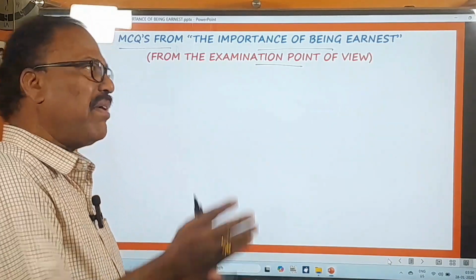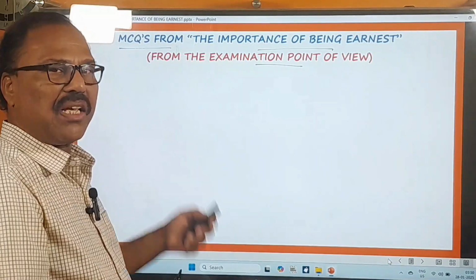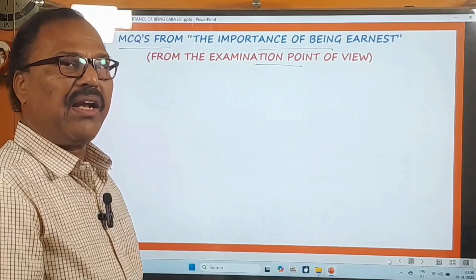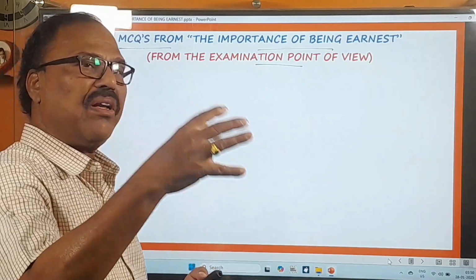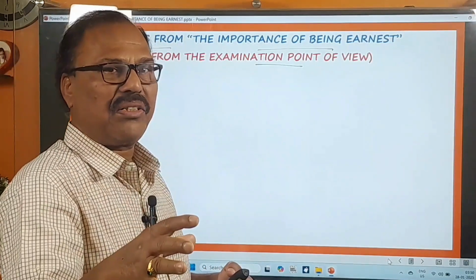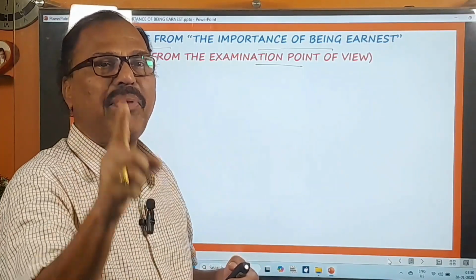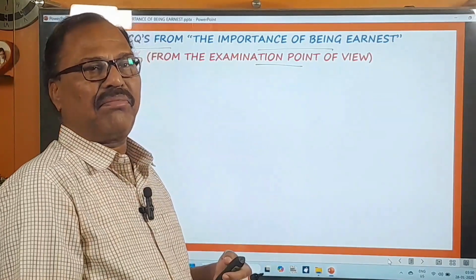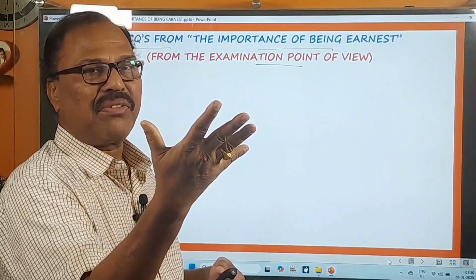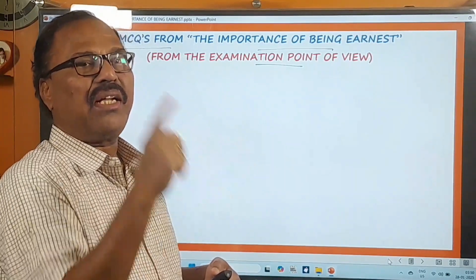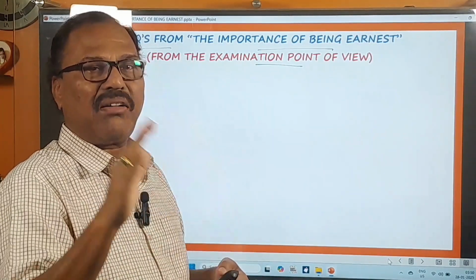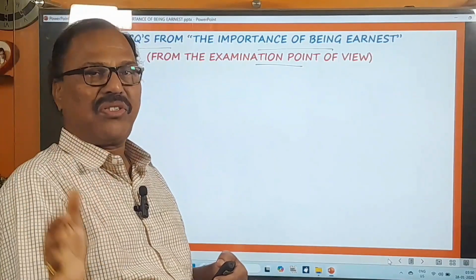Therefore, pay very good attention to this. Solve this exercise without fail and check whether you have properly understood the drama or not. This exercise is nothing but a test for your comprehension of the drama. It's a kind of litmus test. If you can answer all these questions, that means you have thoroughly understood all about this drama.